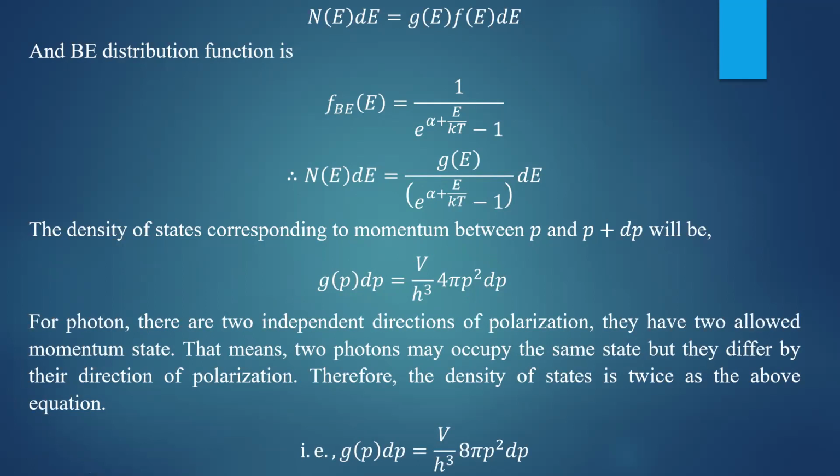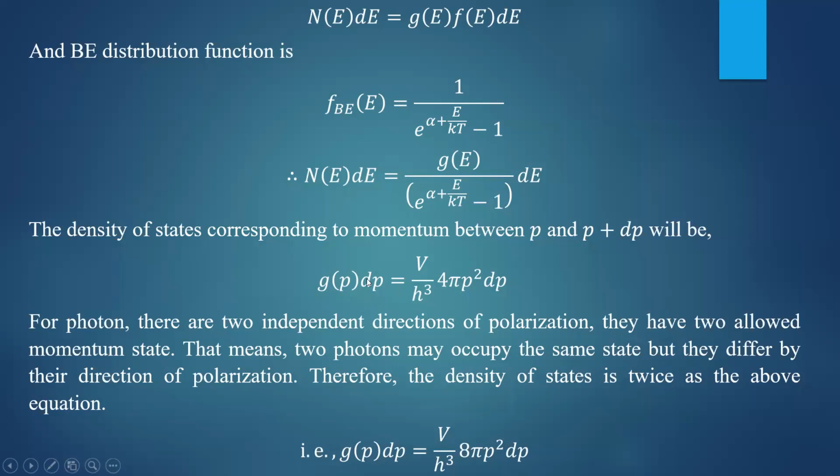So in a given momentum state, you can accommodate two photons, one having one particular polarization and another with the other direction of polarization. That means two photons may occupy the same state, but they differ by their direction of polarization. Therefore, the density of states is twice the above density of states.